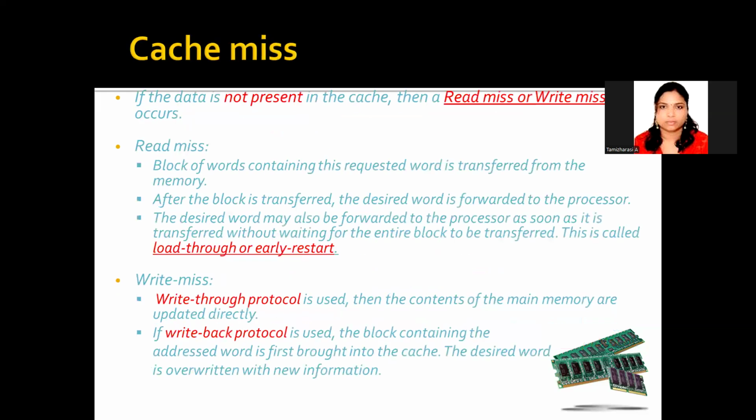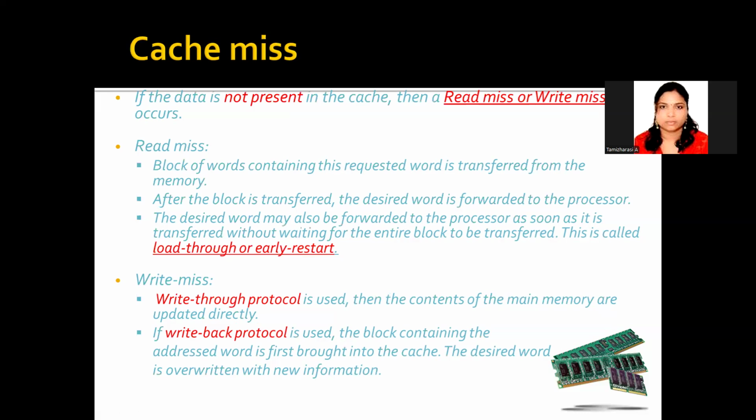As I told you, if the processor is looking for a data and it is not present in the cache, we say it is a miss. It can be a read miss or a write miss. If a read miss occurs, we use an approach called load through or early restart. Here, the desired word is forwarded to the processor without waiting for the entire block to be transferred.